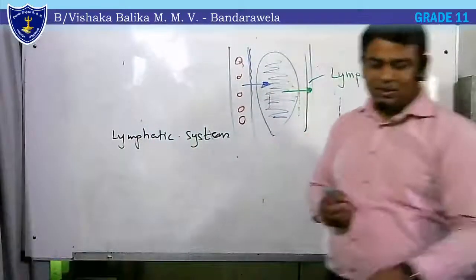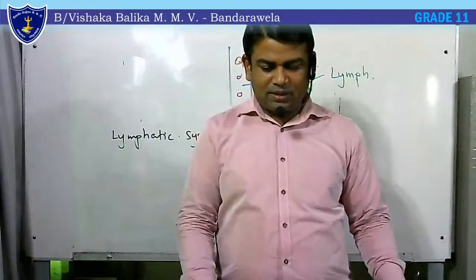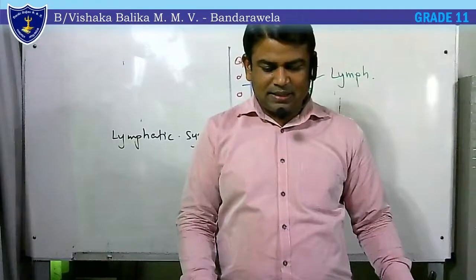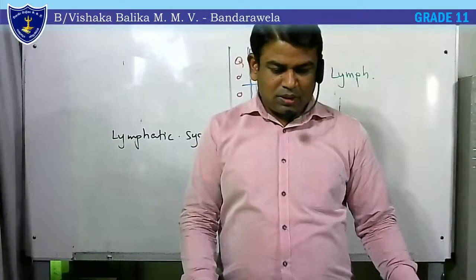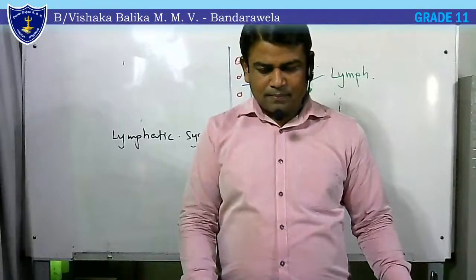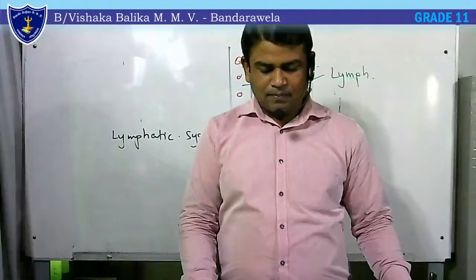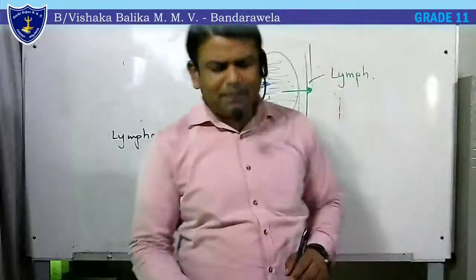There are two main ducts in that. I will show you an image, then when you see the image, we can easily understand this. There are a few organs associated with the lymphatic system.